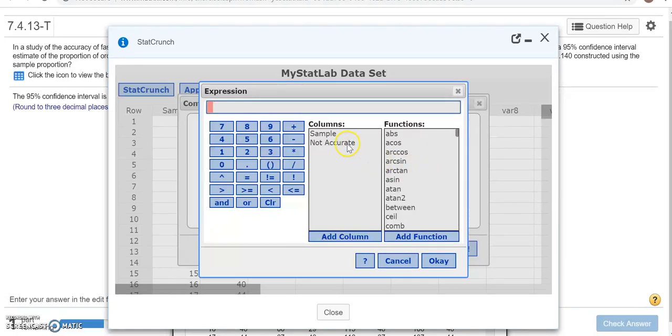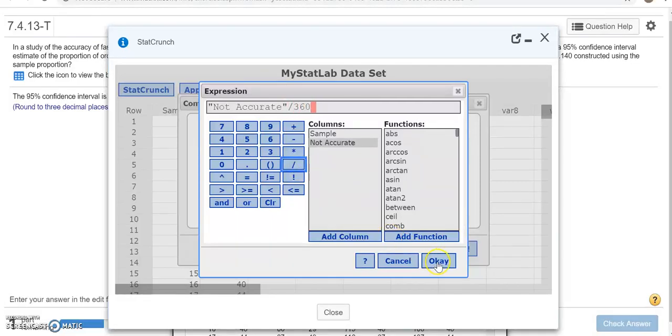If I come right here, I can double click on not accurate and the words not accurate in quotations will pop up in my expression line. That means that for every row that I'm on, this formula is going to grab the number that's in the not accurate column in the same row. Then I want to divide this by the total, which was 360.